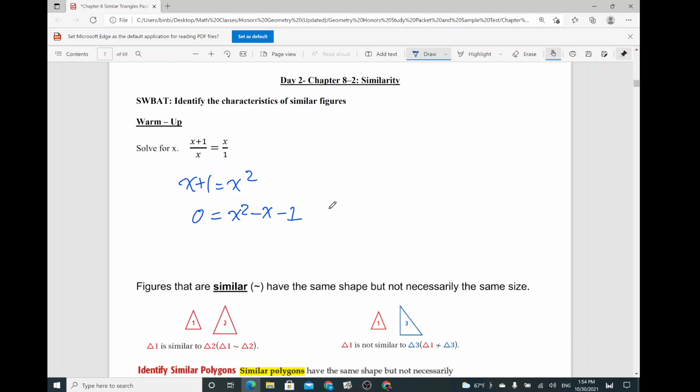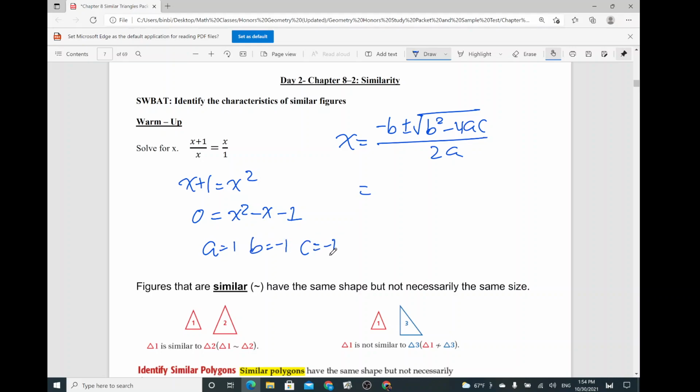Since it is non-factorable, you want to apply the quadratic formula, which is negative b plus or minus the square root of b squared minus 4ac, all over 2a. Here, a is 1, b is negative 1, and c is negative 1.